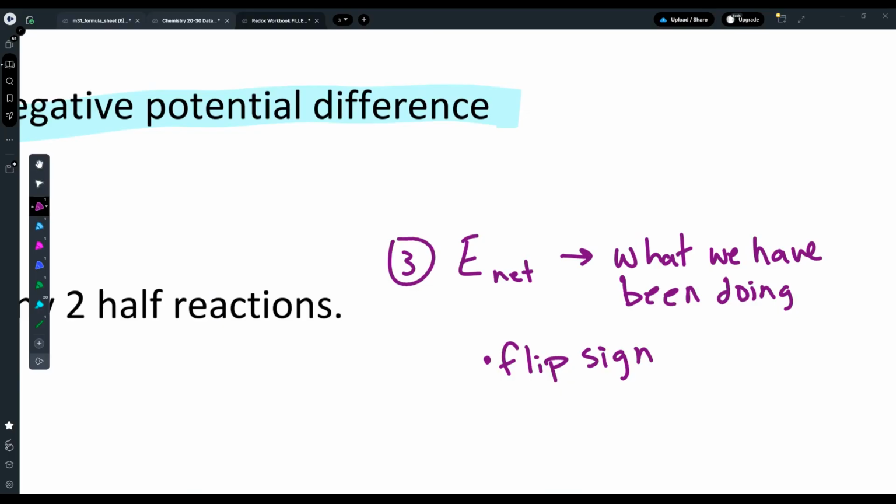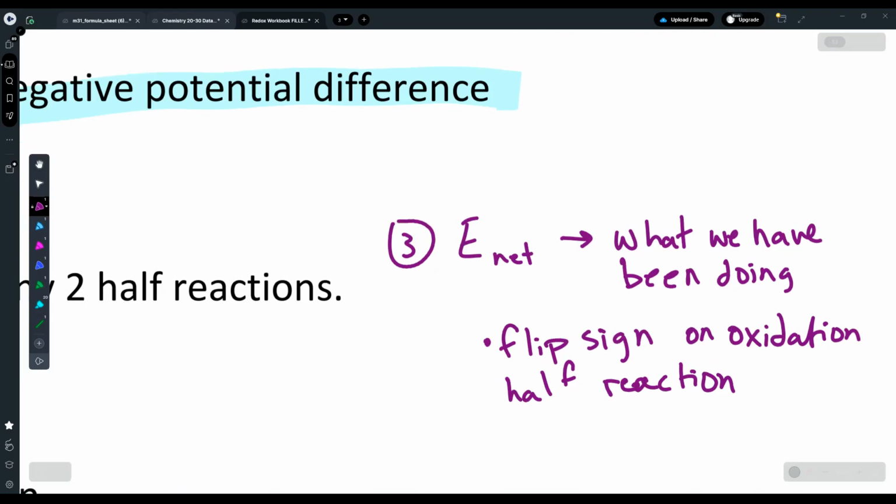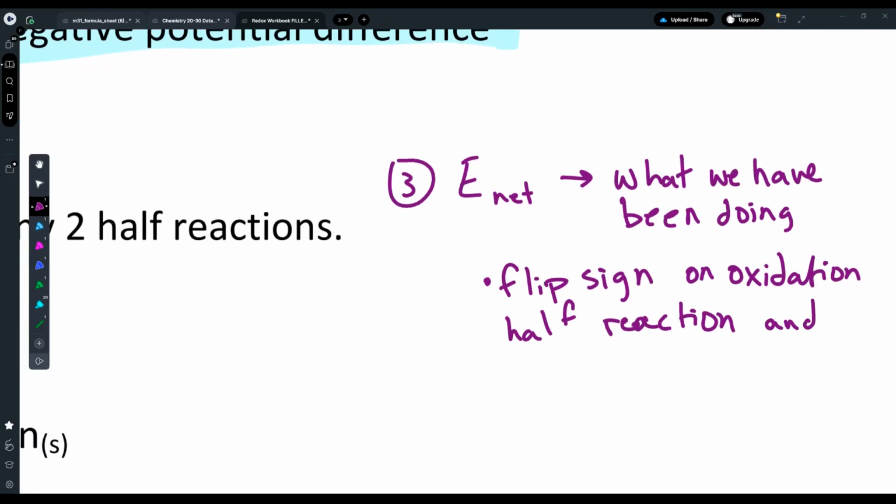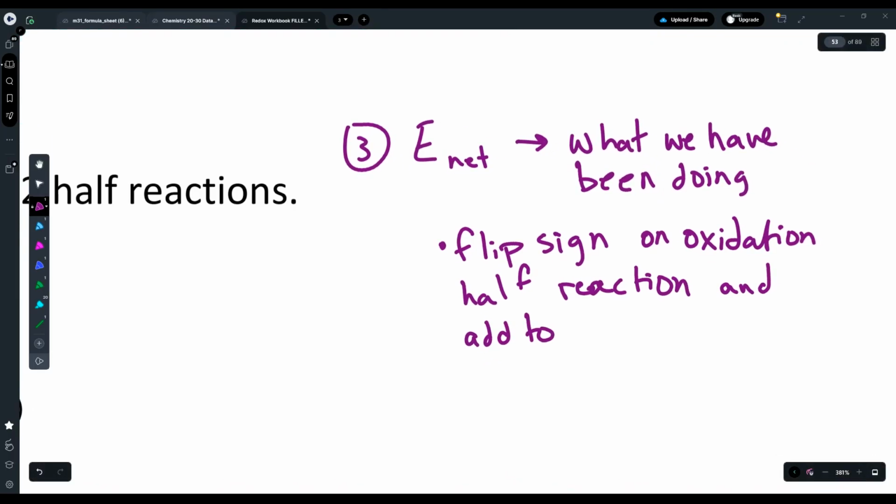Or if it starts out as a negative, flip means you flip it from a negative to a positive. Flip sign on the oxidation half reaction, and add it to the voltage of the reduction reaction.